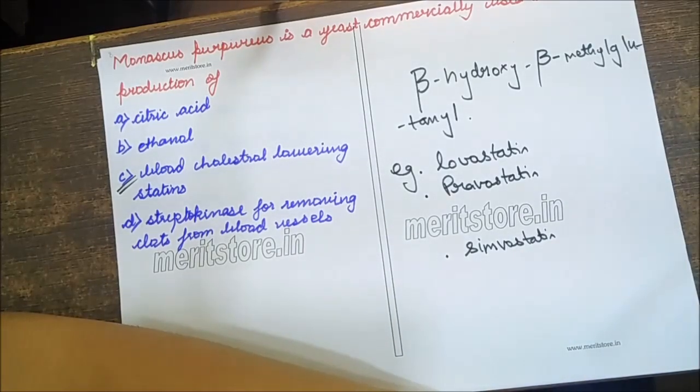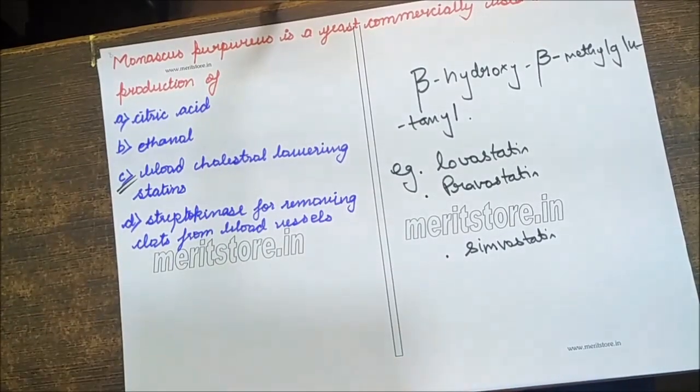Monascus purpureus is a yeast commercially used in the production of blood cholesterol lowering statins, and the very, very important examples are as follows: lovastatin, pravastatin and simvastatin.